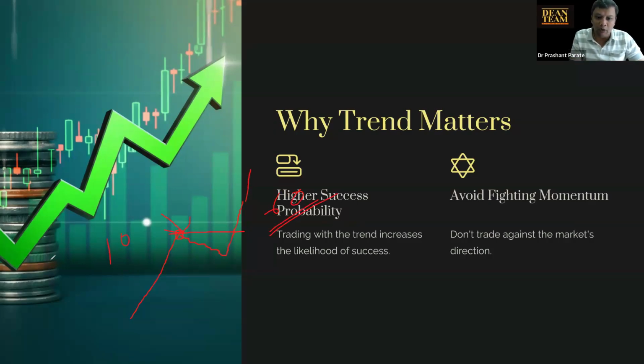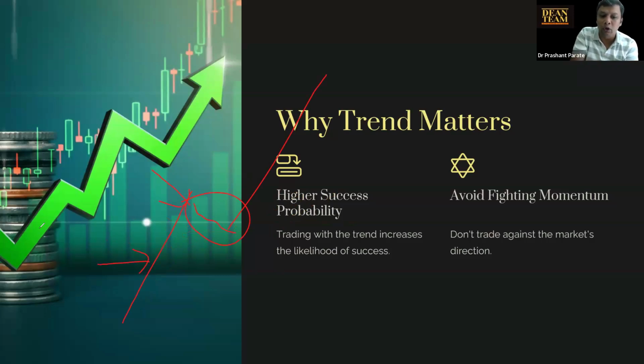So as the trend was very forceful, he made losses of $60,000. This is an example from a book, and this is what I am saying: we should avoid fighting the momentum. If our bias is bullish, don't take bearish trades because there will be a pullback. Let it be. It will pull back and come up again. If you want to trade this pullback, you will lose a lot of money.